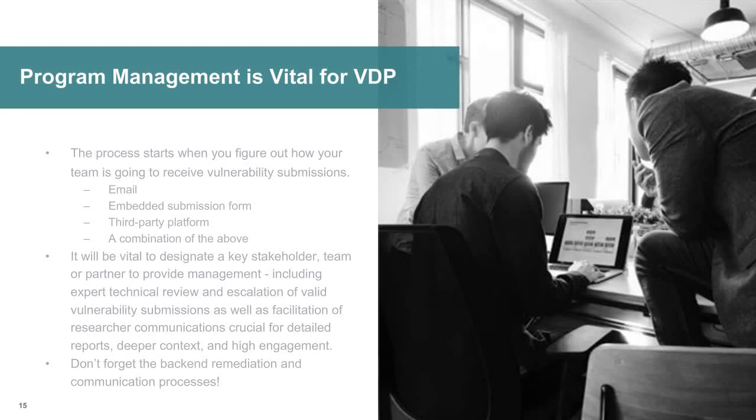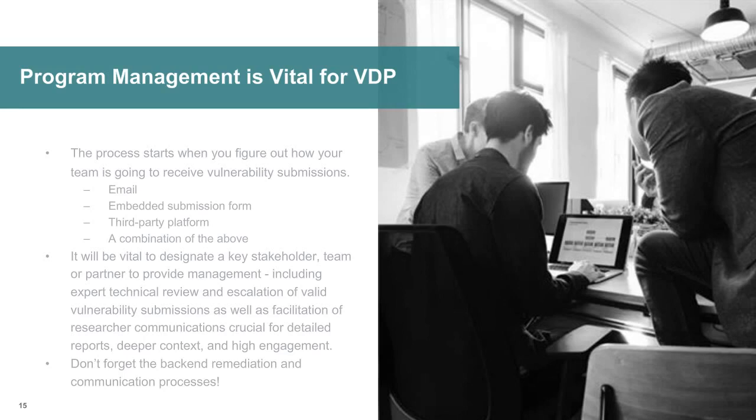Great. So we talked a little bit about bolstering the lifecycle of vulnerability management. Now we're going to talk about program management and why it's so vital for a VDP. And we hit on a couple of these points, but remember, the three ingredients to the cake are channel, policy, and process, which was mentioned earlier. The internal process here is also really important.